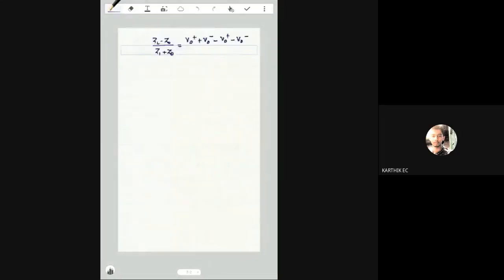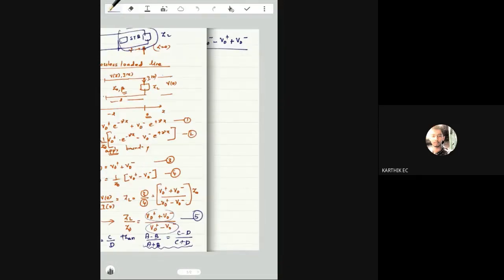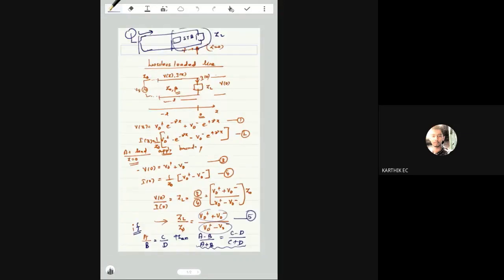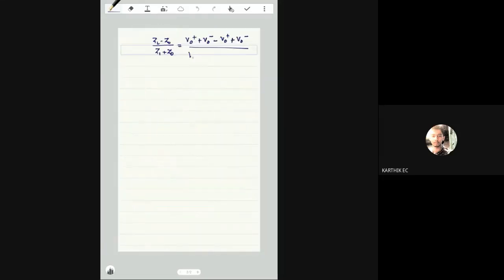Minus V naught plus, this is a plus. The second time what I have to do is C plus D, just add these two: V naught plus and V naught minus, V naught plus minus V naught minus. Is that clear? This is my C, this is my D.